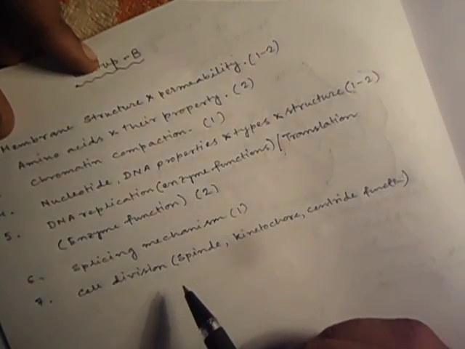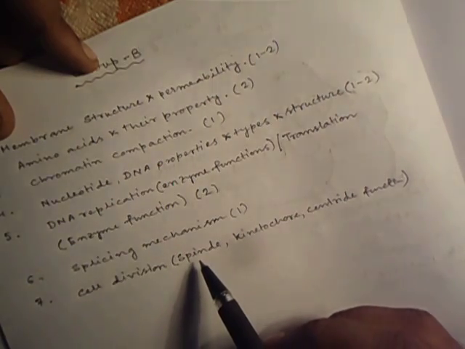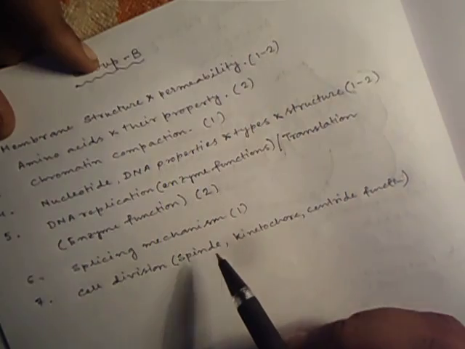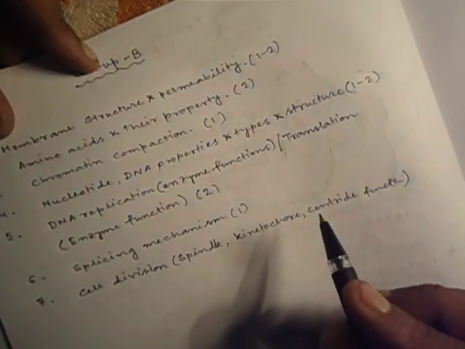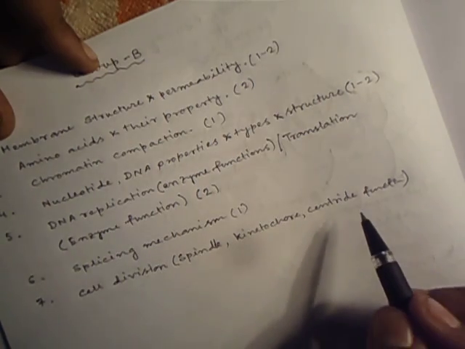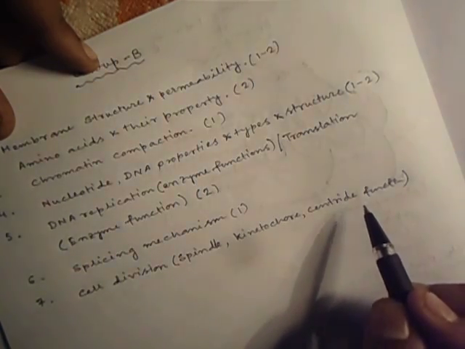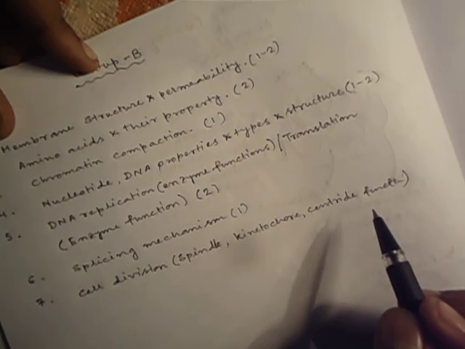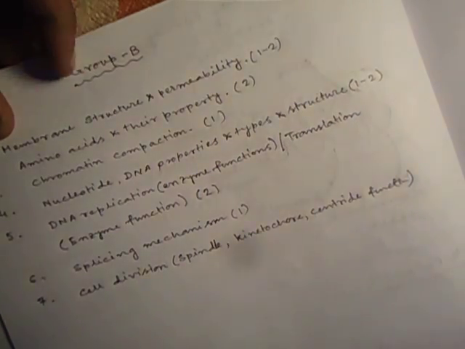Okay, the stages, the function of spindle fiber in different stages, the function of kinetochore in different stages of cell division, centriole function in different stages of cell division. This is very much important for Group B questions. Okay, obviously you can get 1 question from here.